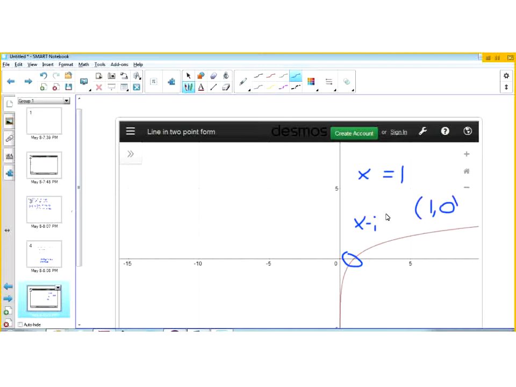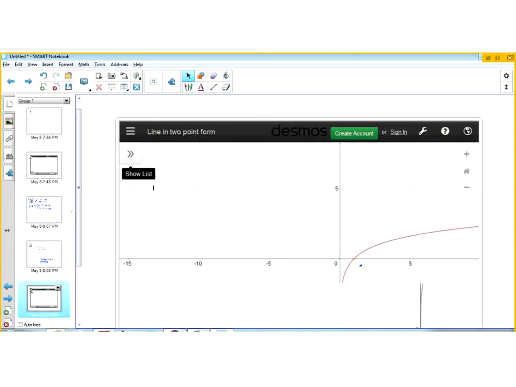That's how you would represent it for the natural log function. So here is the natural log function.